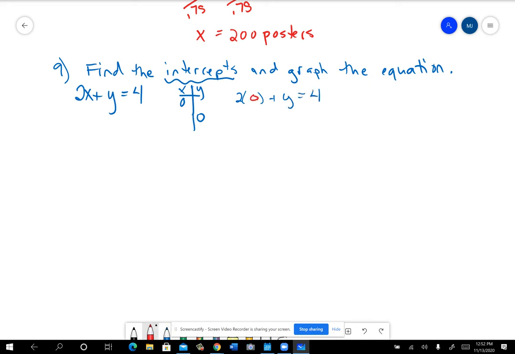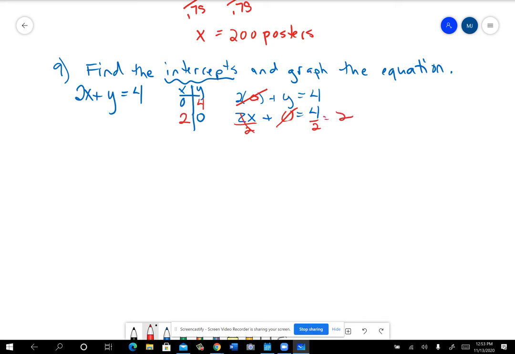When I put a 0 in where the 2 is, that's gone, and I see that Y would have to be 4. The other intercept would be if I let Y be 0. So I leave that alone, but where the Y is, I put a 0. I get this to be gone, divide by 2, and I wind up with X being 2.